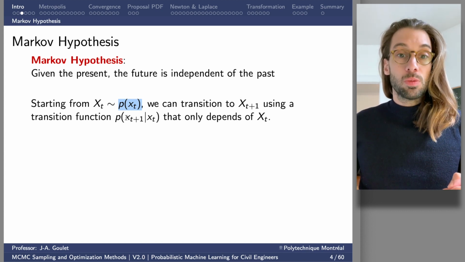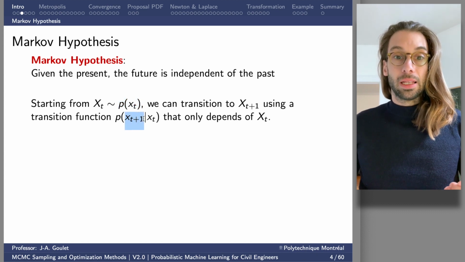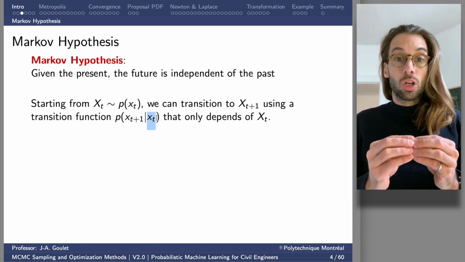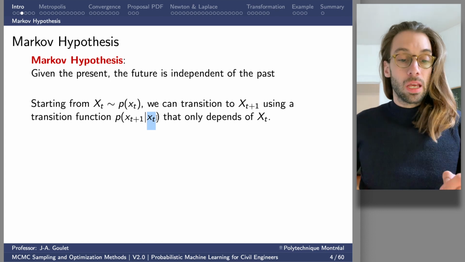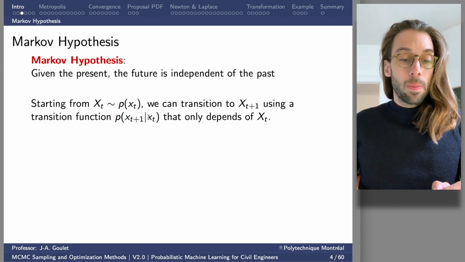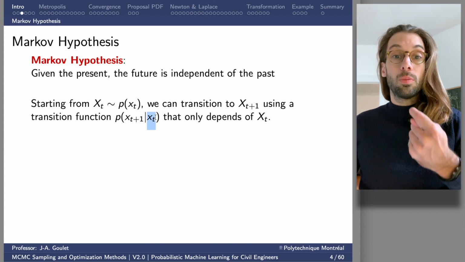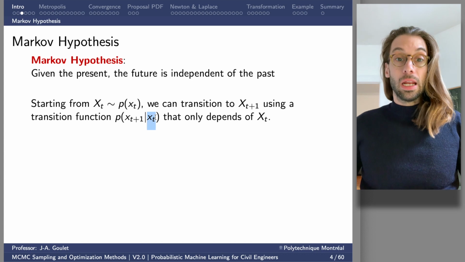That tells me my probability of ending in a position x at time t plus 1 given my current position x t. And here, that Markovian hypothesis allows me to represent a transition model that only depends on x t and not on all the previous positions I was in in the past.